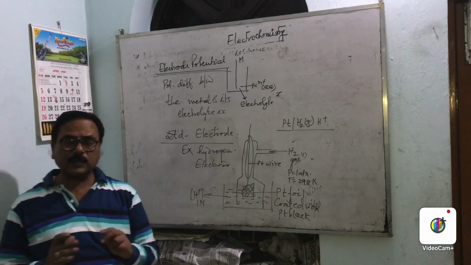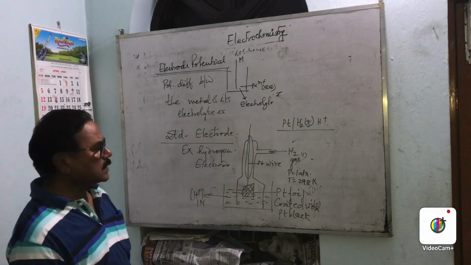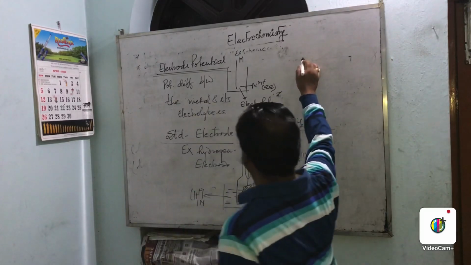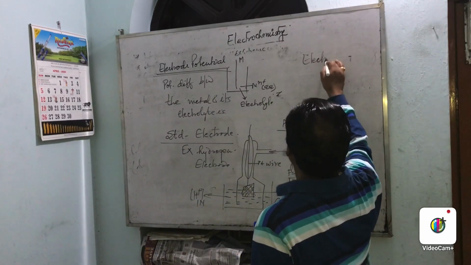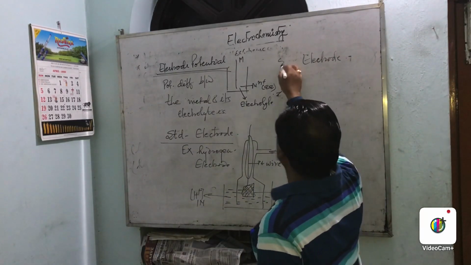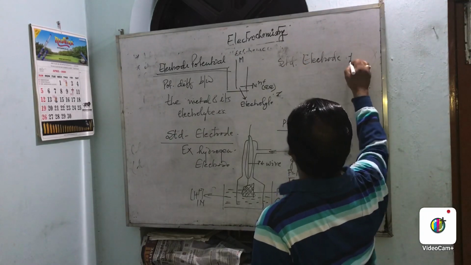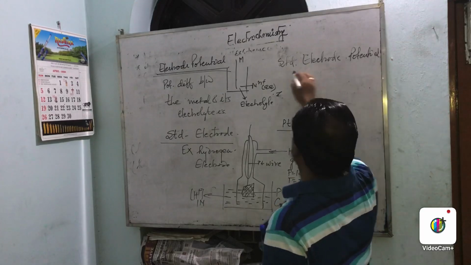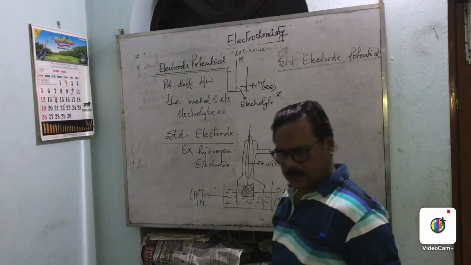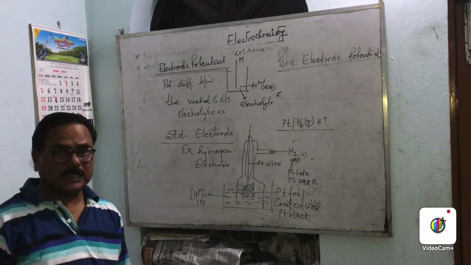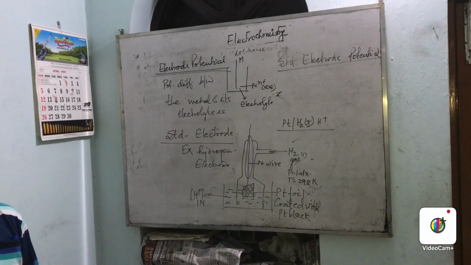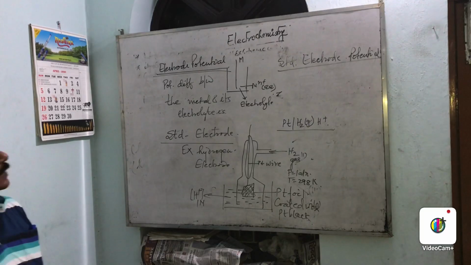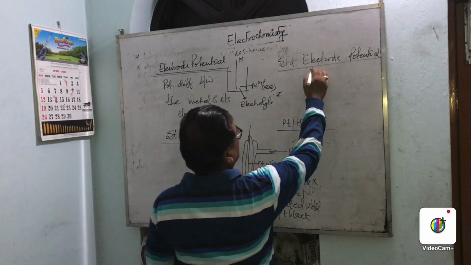So standard electrode potential. Now the another part is the standard electrode potential, and this is called the reduction potential. Generally we call it standard electrode potential. If the concentration of the ions in each half cell is taken as unity, then that is called the standard electrode potential.